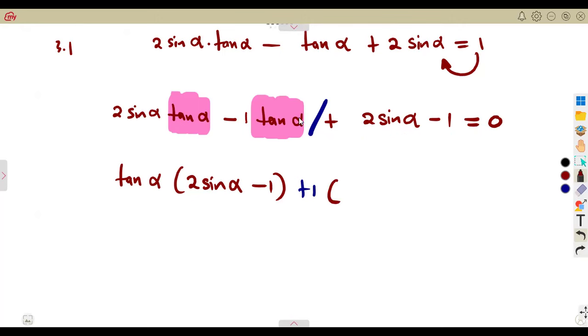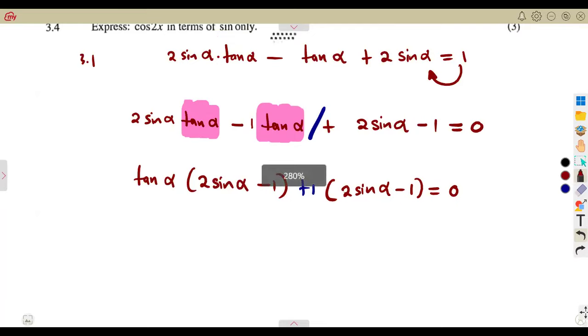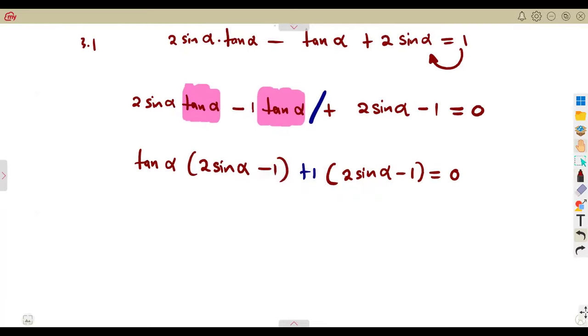Remember, factoring out a positive 1 does not affect anything. So that is going to be 2 sine of alpha minus 1, which is equal to 0. With this, you have factorized, you have 2 brackets which are exactly the same. This bracket and this bracket.